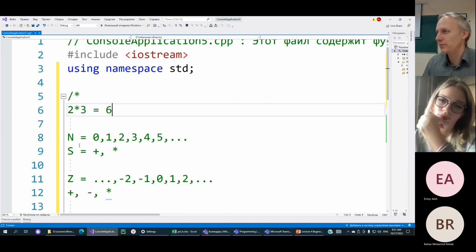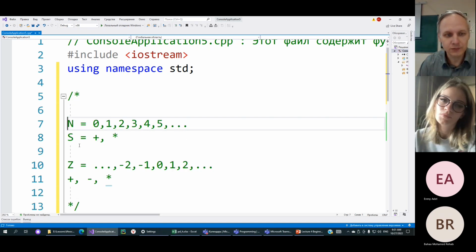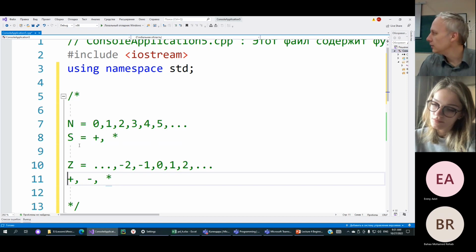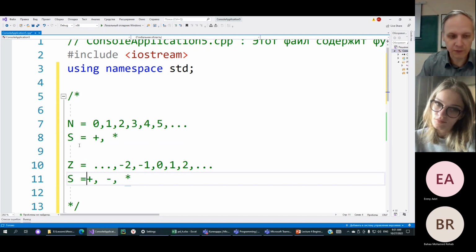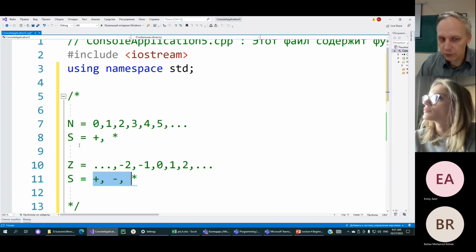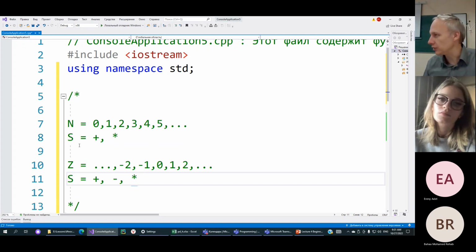In mathematics, we have 4 operations: addition, subtraction, multiplication, and division. For integer numbers, the set of operations includes minus, but we cannot apply division.